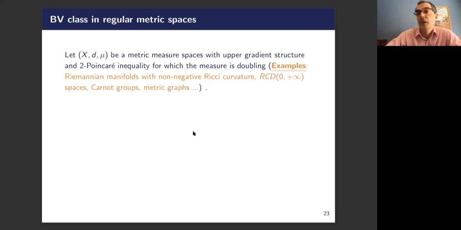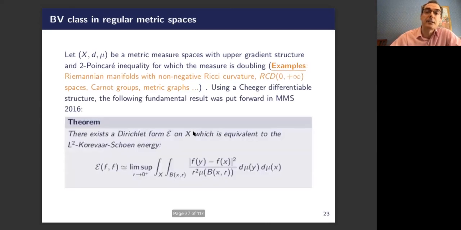Or, a little more generally, if you are familiar with this, you could think of RCD spaces. This part also covers, for instance, the case of Carnot groups, or even more general sub-Riemannian manifolds, and it also applies to metric graphs.